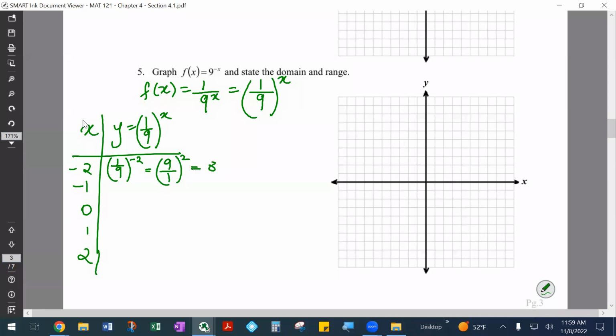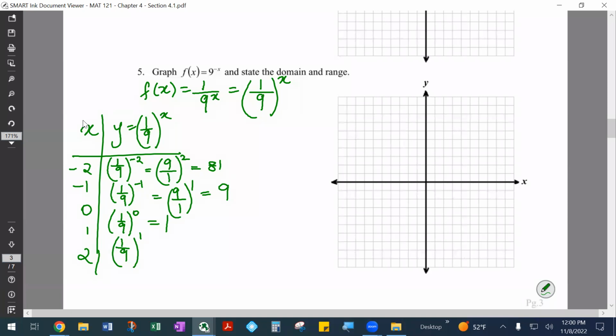And of course, you will see this comes out to be 81. For the -1, same thing, we would do 1/9 to the power of -1. When you flip it, that would make it into a positive exponent, which would give you 9. 1/9 to the power of 0 will be the same thing as 1. Is that whole base of 1/9 to the power of 0?